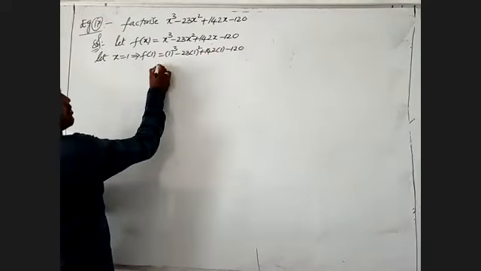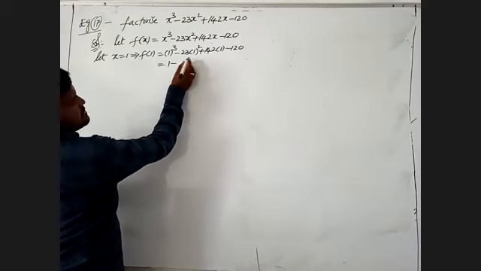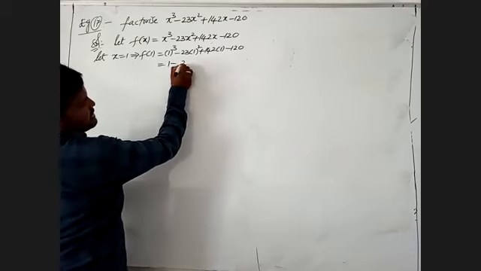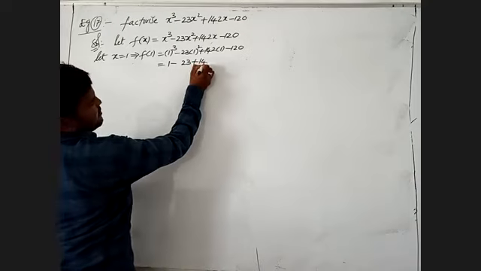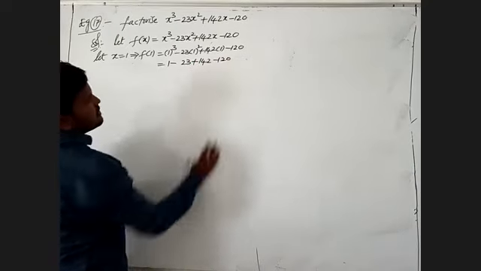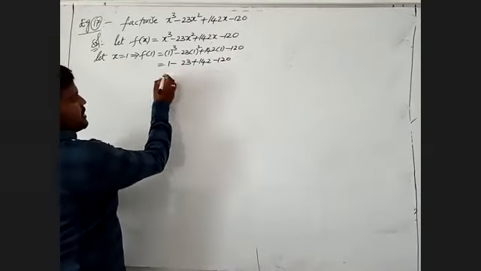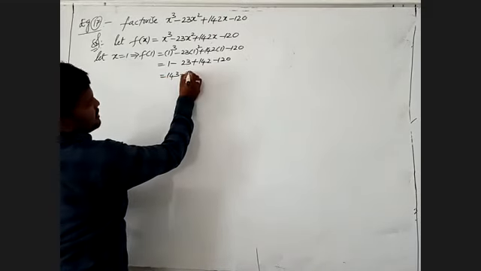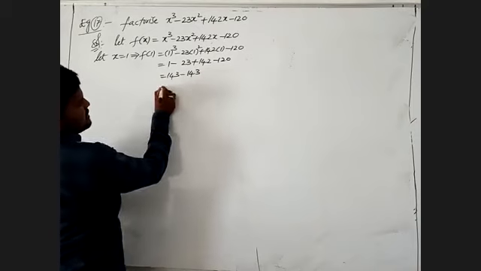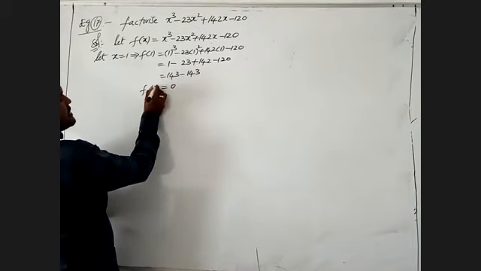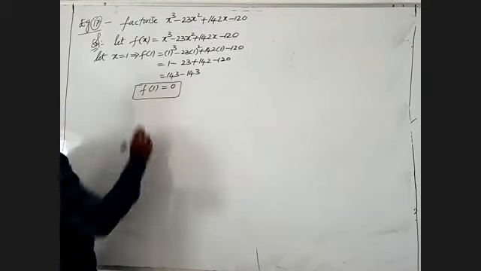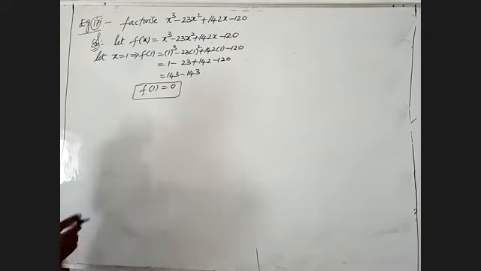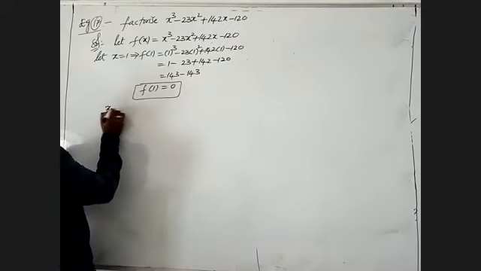That means 1 cube is 1, 1 square is 1, 1 into 23 is 23, remaining is 142 minus 120. 1 plus 142 will become 143, minus 120, minus 23. The remainder f of 1 must be 0, where x is equal to 1.